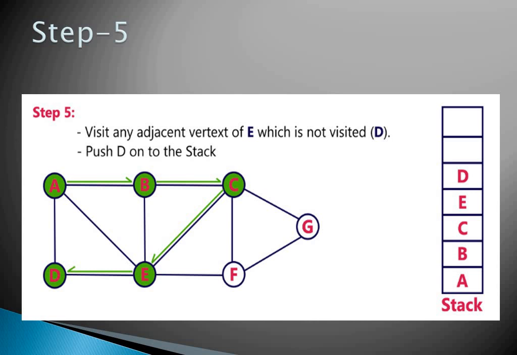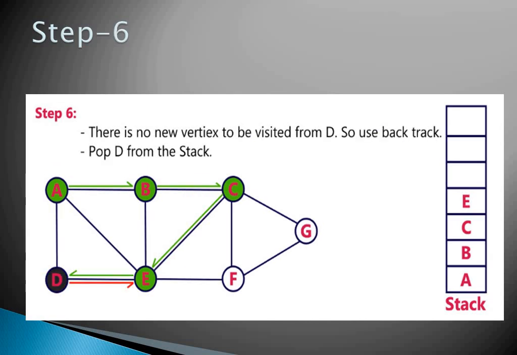Another important point: when the vertex becomes black, it will be removed from the stack. You can see whenever you make this particular vertex black, it is removed from the stack.